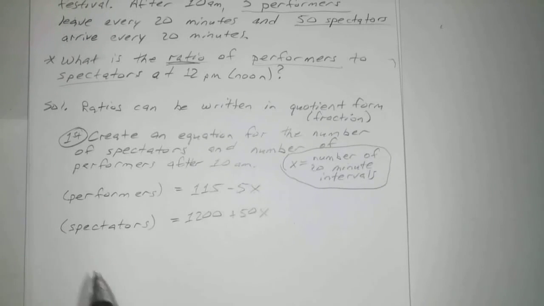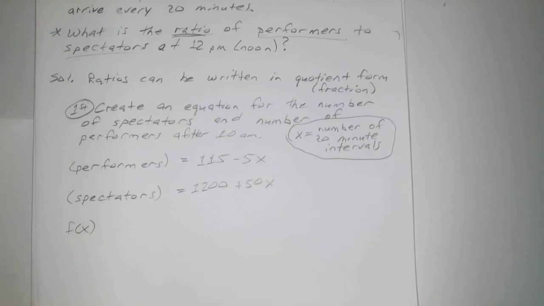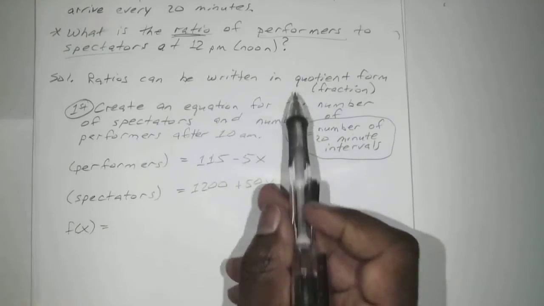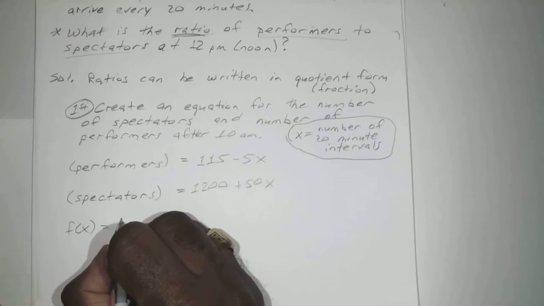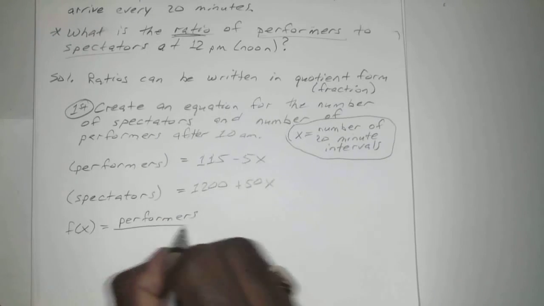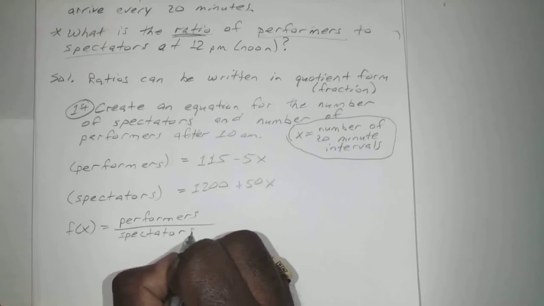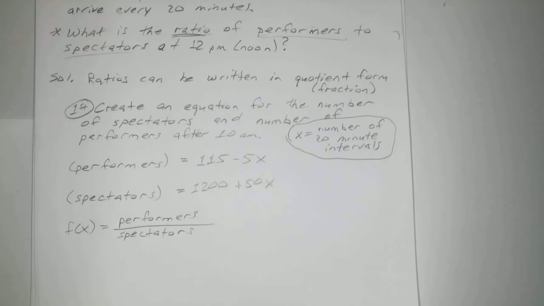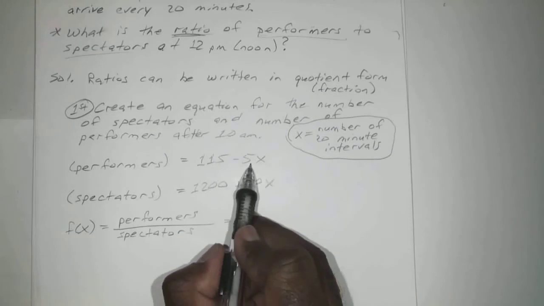Okay. So that means that our ratio, our f of x, is just the ratio of performers to spectators. Okay. Now our actual equation for our performers is 115 minus 5x.